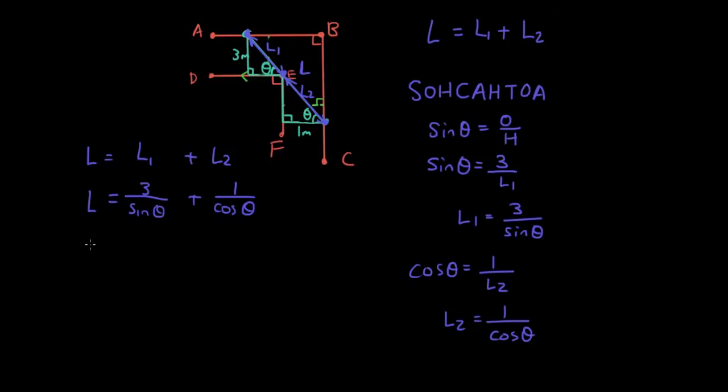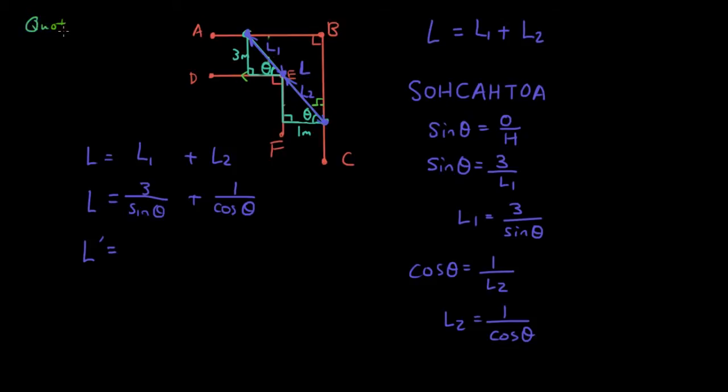So the derivative of length with respect to theta, if we differentiate it using the quotient rule. Let's just get the quotient rule for you in case you've forgotten. I'm going to write it up here.